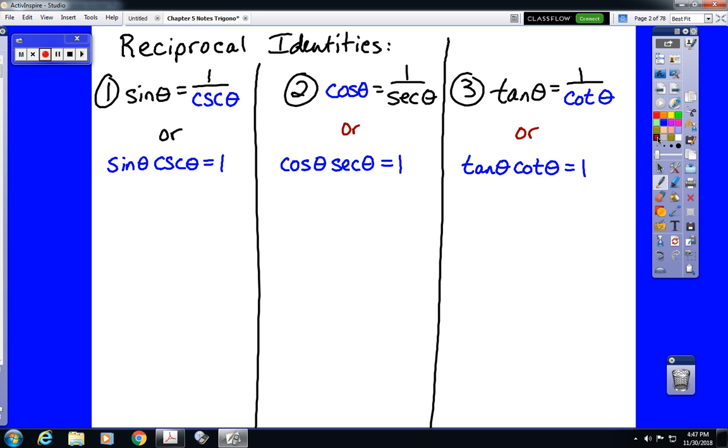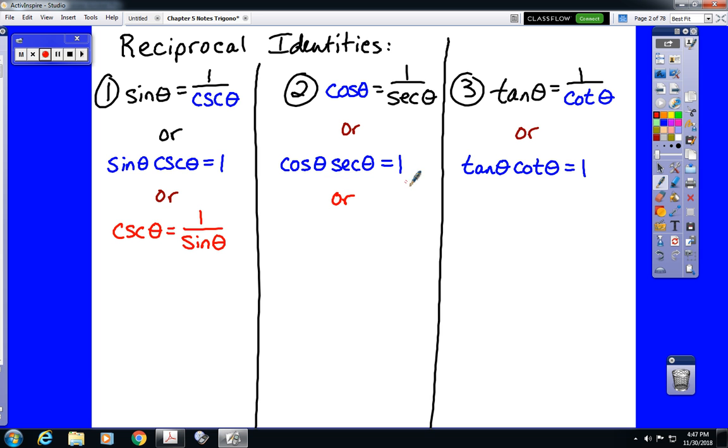In addition, we could also switch which one of our expressions is by itself. Simply by dividing this by sine theta, we could get the version that says the cosecant of theta is 1 over the sine theta. Same thing here with cosine.